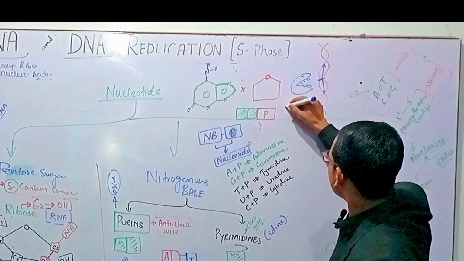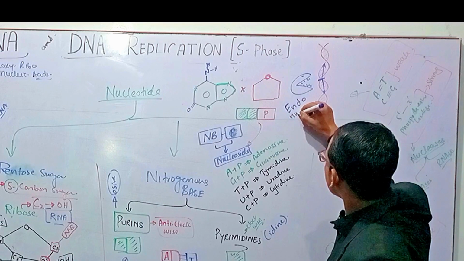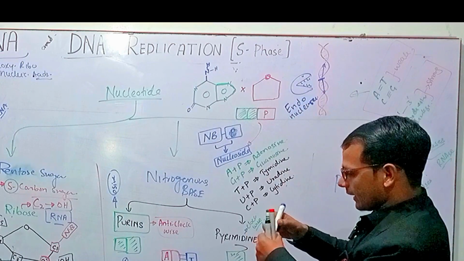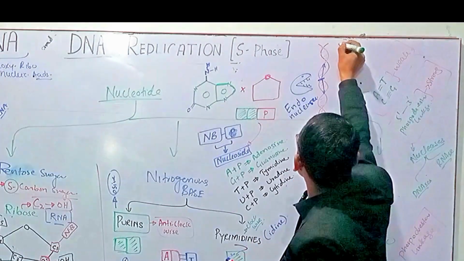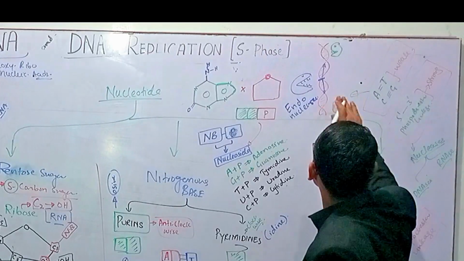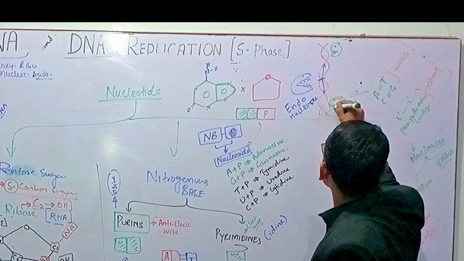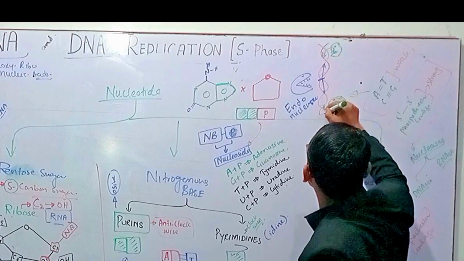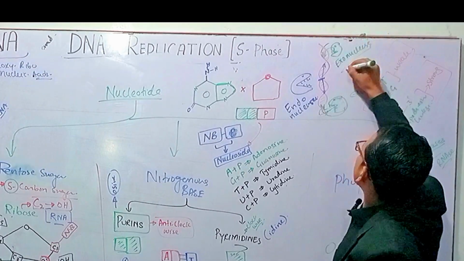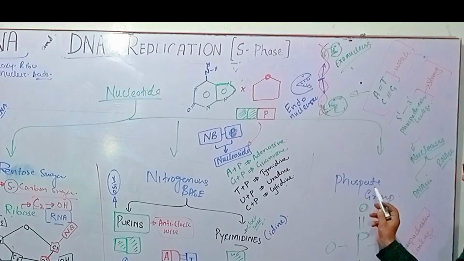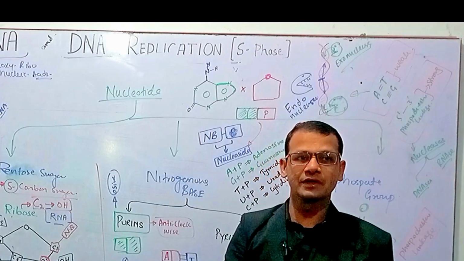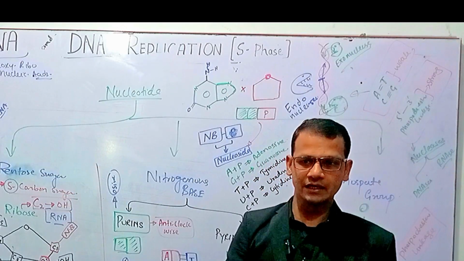These nucleases are called endonucleases, right? And if nucleases come and break the DNA from the ends, these are called exonucleases. So collectively the phosphate, nitrogenous base and pentose sugar form one nucleotide, right?